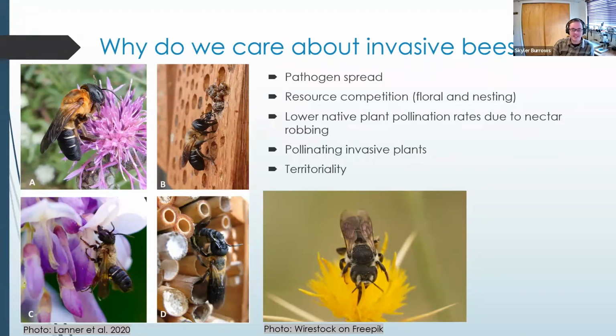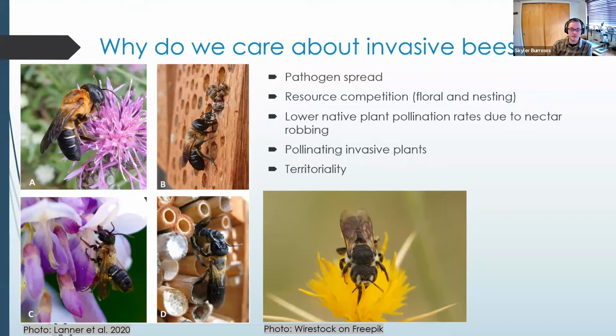So big examples are pathogen spread. I'm guessing some of you have maybe heard of the Western bumblebee, Bombus occidentalis. It had a huge population crash a few decades ago, and we think that's pretty likely because of transferring bees around.